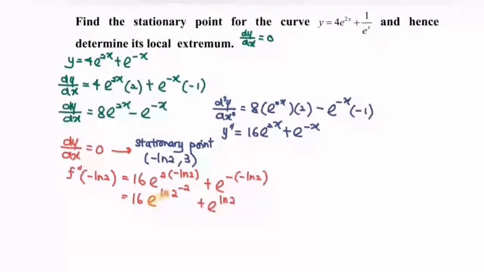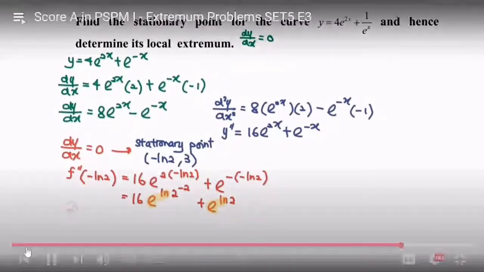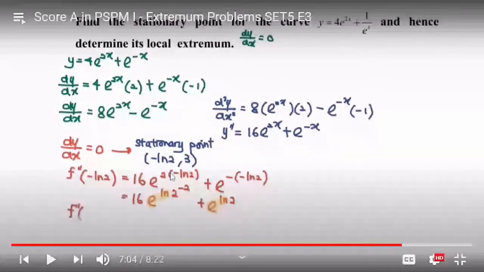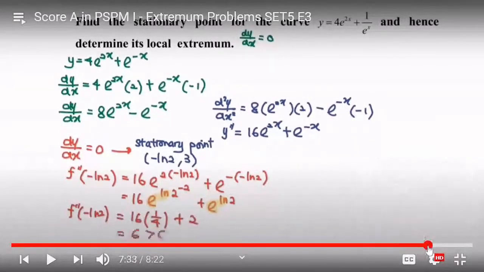Exponent ln, we will obtain 1. Finally, f double prime. When you substitute, kindly show the process. Then we have the value f double prime bracket negative ln 2 is 6. So it is greater than 0. If greater than 0, does it mean maximum or minimum? Minimum.